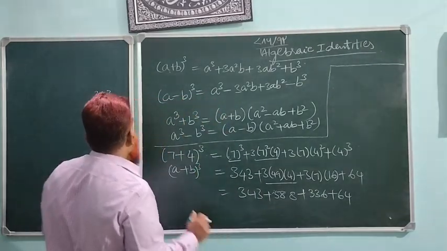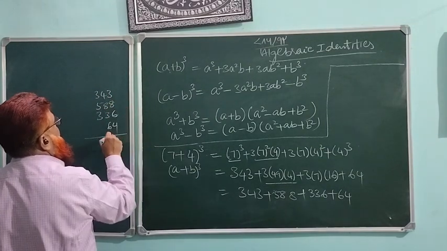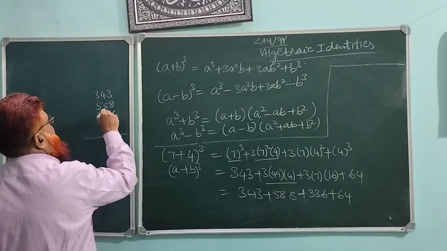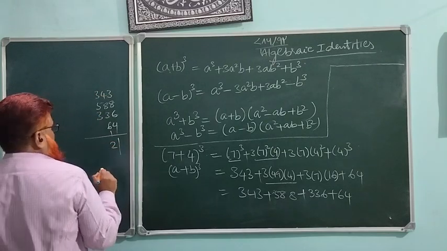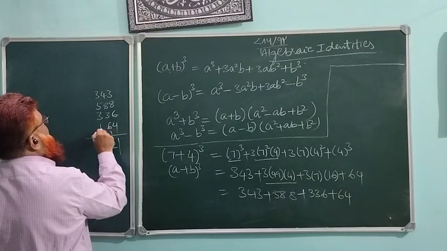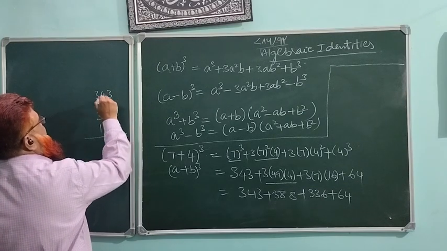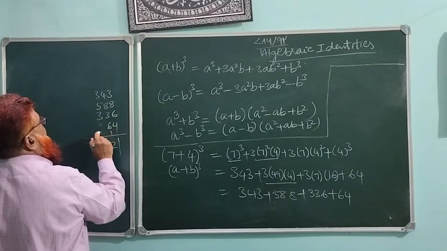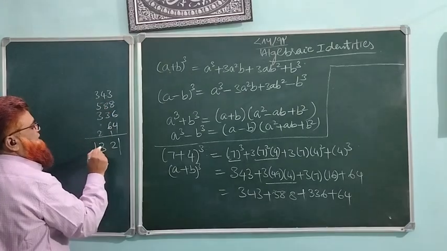Right. Now you add all these. 6 plus 4 is 10, plus 8 is 18, 1 carry. 1 plus 6 is 7, 10, 18 and 22, 2 carry. Then 1 plus 7, 1 plus 6, 7, 10, 18, 22, 2 carry. All right. Then 2 plus 3 is 5, 5 plus 5 is 10, 10 plus 3 is 13.